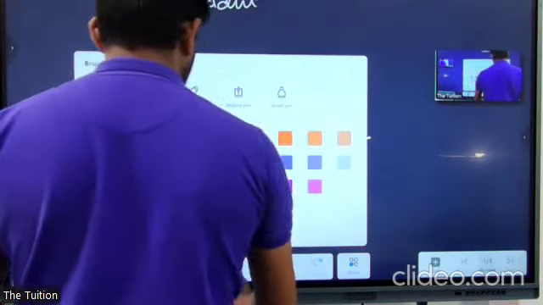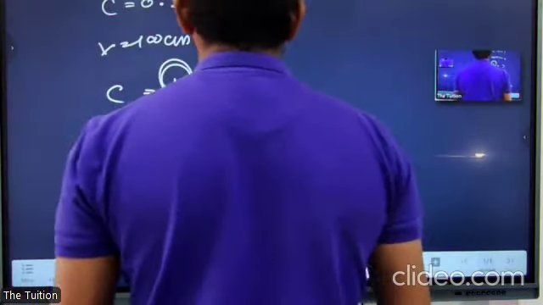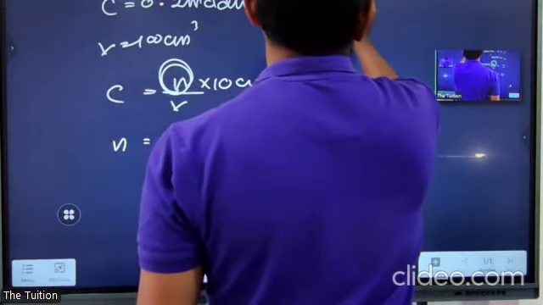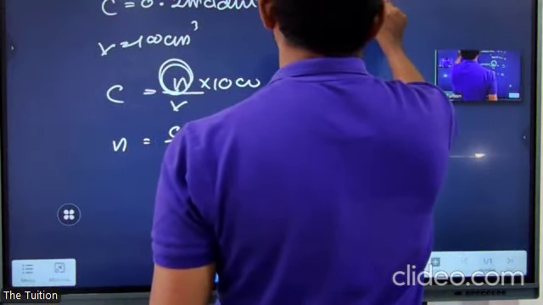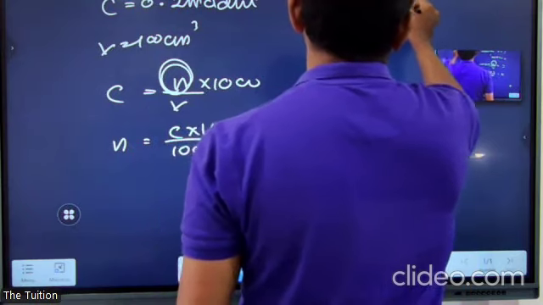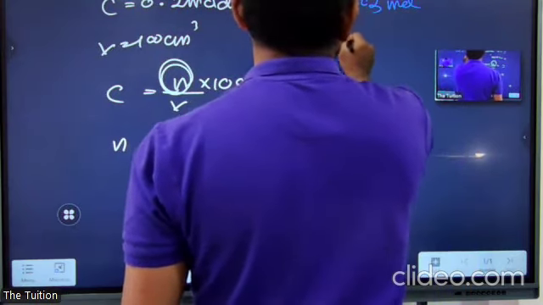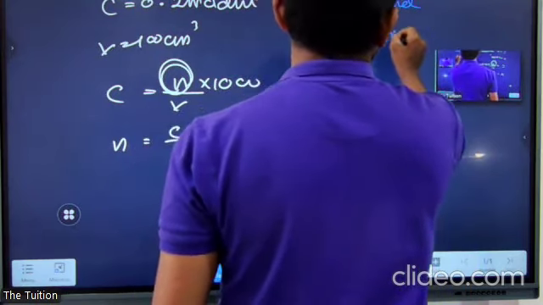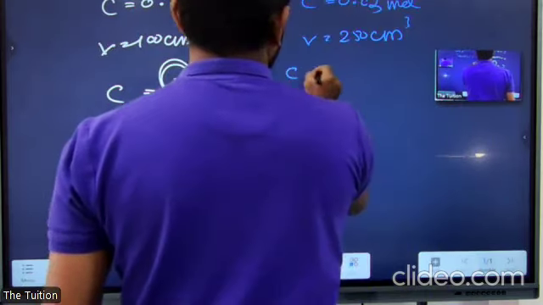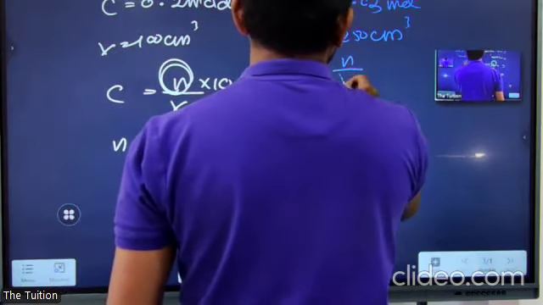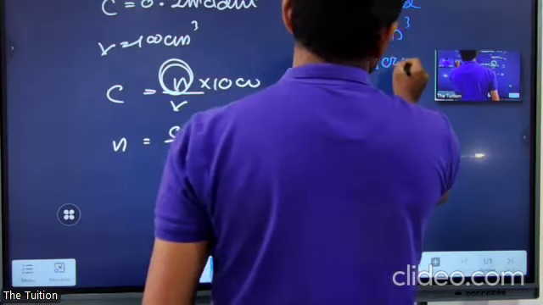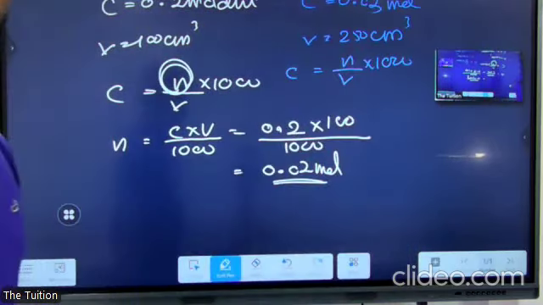So I will give another one. C equals 0.03 mole. V equal 250. C equal N over V into 1000. Okay, right.